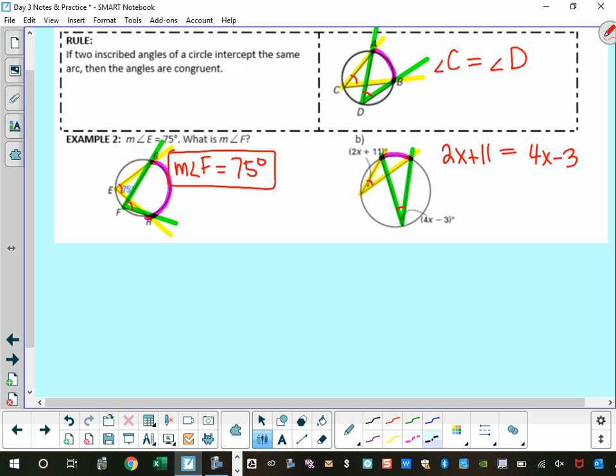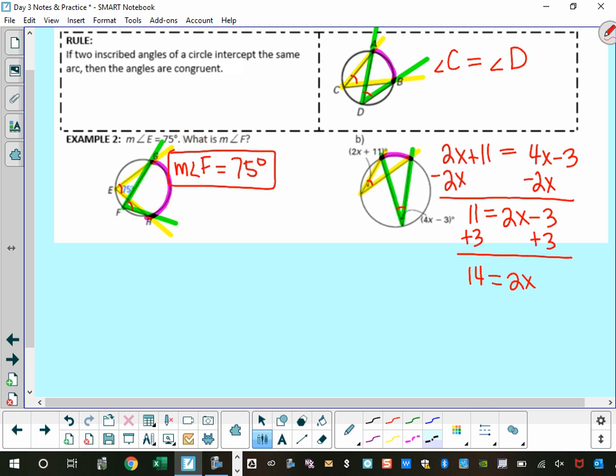You can use Desmos if you'd like. I'm going to actually solve it so you can check your work with mine. You should get x equals 7.